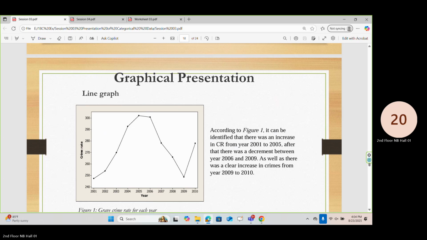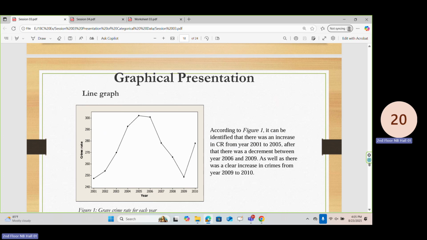If a variable is changing according to the time period, we need to represent it this way. Assume we need to represent the profit for the last 10 years, 2014 to 2023. So there are 10 years, and we need to represent the profit for the last 10 years. Then which chart do we use?